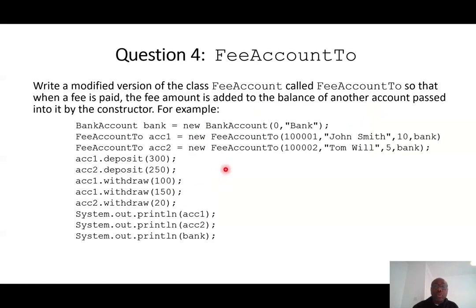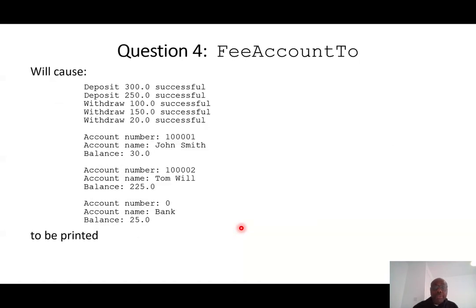For example, look at this code, study it, and see how the fee is added onto it and printed. It will cause these actions to happen. Just study it. It is an exercise, so go ahead and do it.